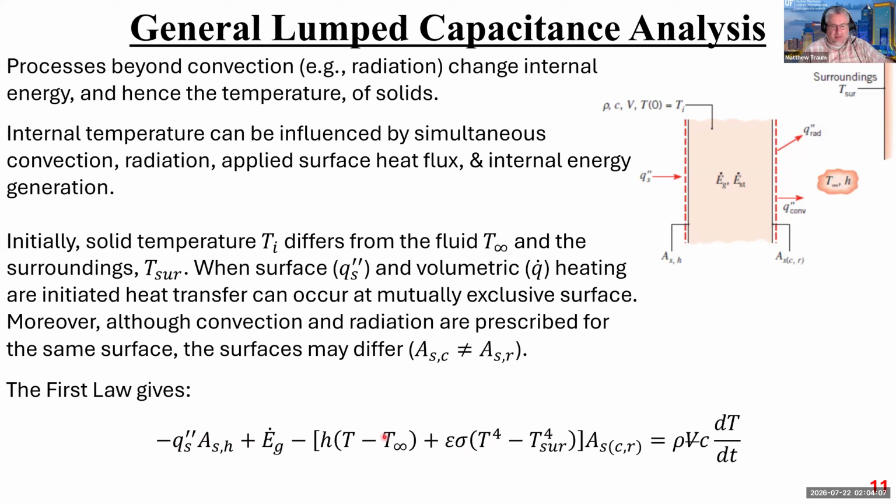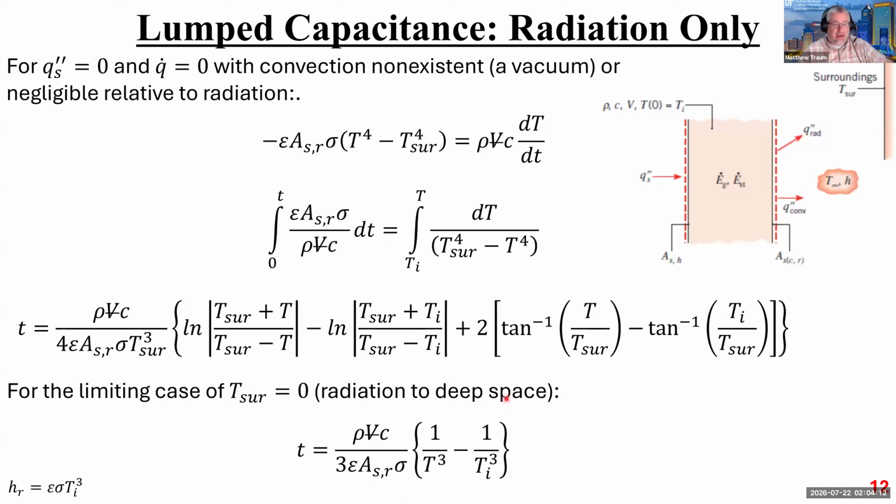Everything else is either zero or negligible compared to this term under this construction, and so all those other things drop out. I can do the same thing that I did before to get the original lump capacitance expression, which is to take everything that's a constant and put it on one side of the equation with d time, and then take everything that's temperature and put it on the other side of the equation.